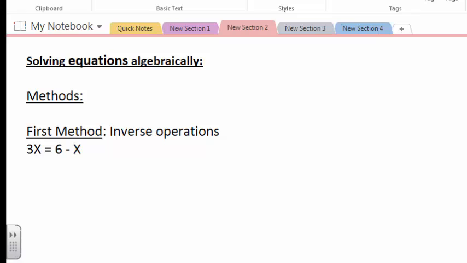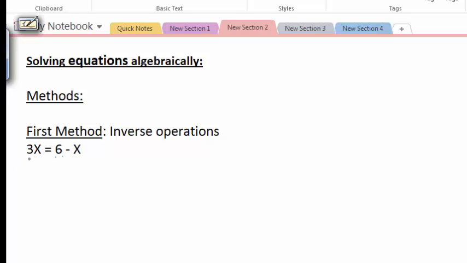So this is an example to show you the meaning of inverse operation. We have 3x equals 6 minus x. Now, with the inverse operation, before I start, usually we say the best way is to keep all the variables on one side and all numbers on the other side.